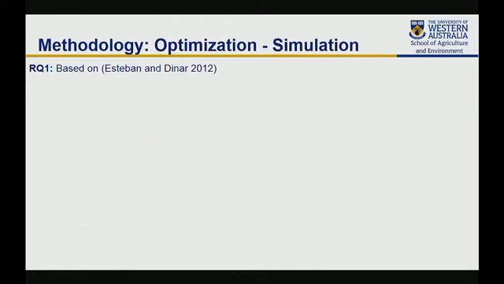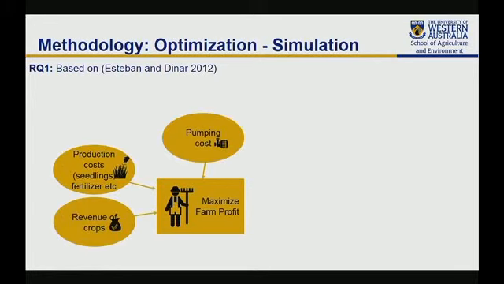So, in the optimization method, I will develop a model based on the study of Esteban and Dinar in 2012. The model is, let's assume that the farmer wants to maximize his farm profits. He will select a crop so that it brings a good revenue, consumes less cost of input and less pumping cost.